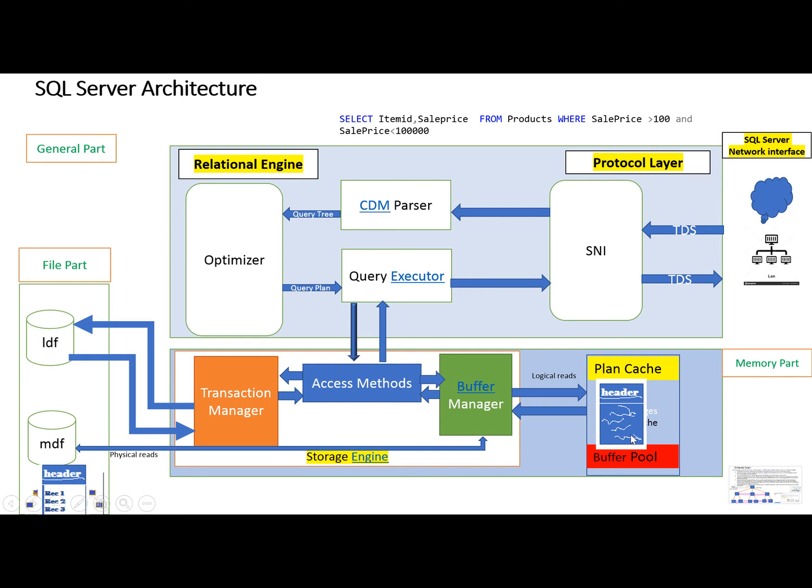When the last record of this page has been returned to the query processor, it will go to the header of this page and find the next page ID. It will check the cache, and if the page is not there, the buffer manager will ask the storage engine to read this page from the disk.